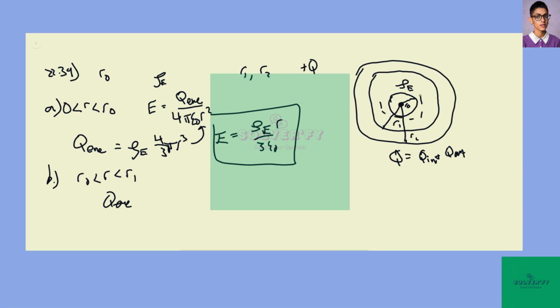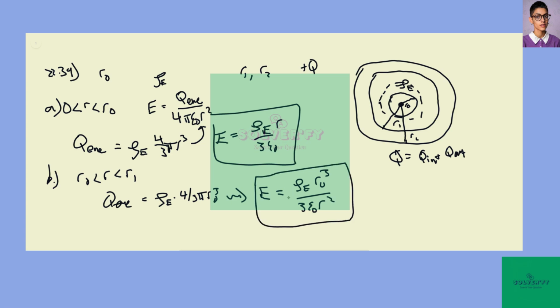So if we draw this out here, we're not including any of the charge from the conductor yet. So Q enclosed is rho E times 4/3 pi r naught cubed. Plug that into our equation for the electric field, and we're left with rho E r naught cubed over 3 epsilon naught r squared. Cool.